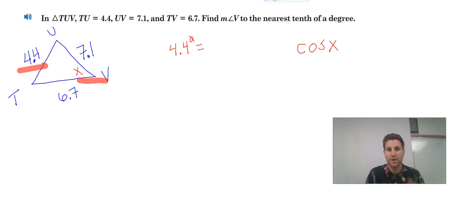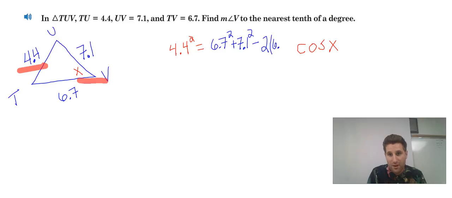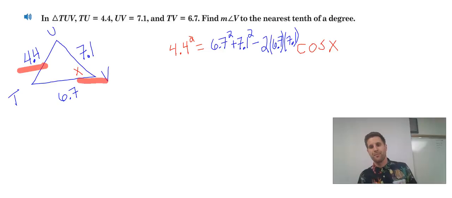Then we can fill in the rest with the other two numbers: 6.7 squared plus 7.1 squared minus 2 times 6.7 times 7.1.